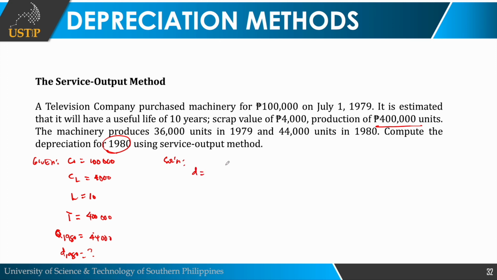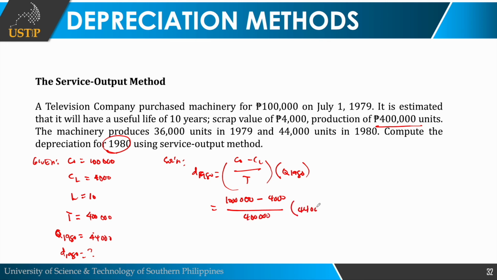It is very easy. It is just your CO minus CL over the total, multiplied by your Q during 1980. So that is 100,000 minus 4,000 over 400,000, the total, multiplied by 44,000, the output you produced during 1980.